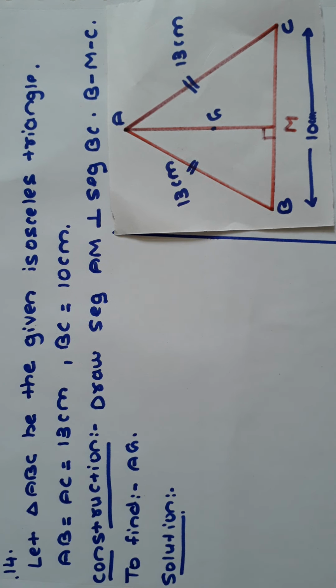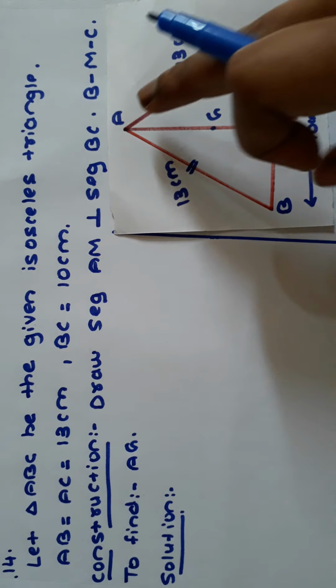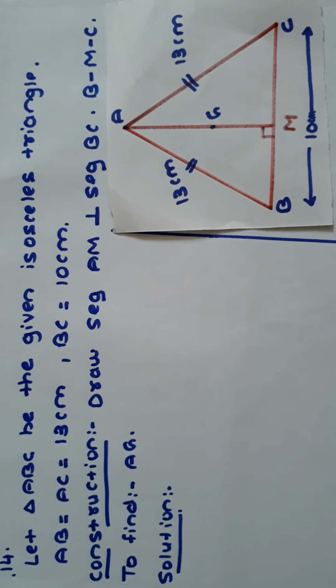So to find AG, we will consider the right angle triangles AMB and AMC and show that both the triangles are congruent. Now since both the triangles are right angle triangles, we will use the hypotenuse side test.